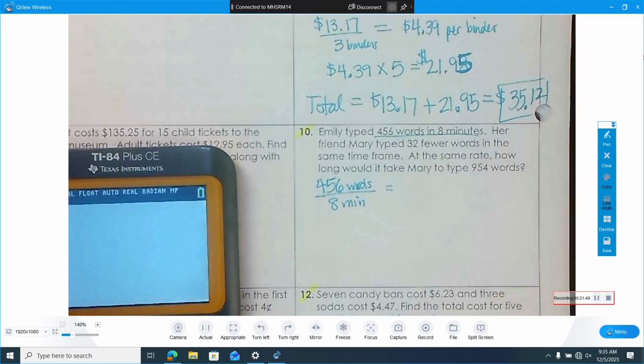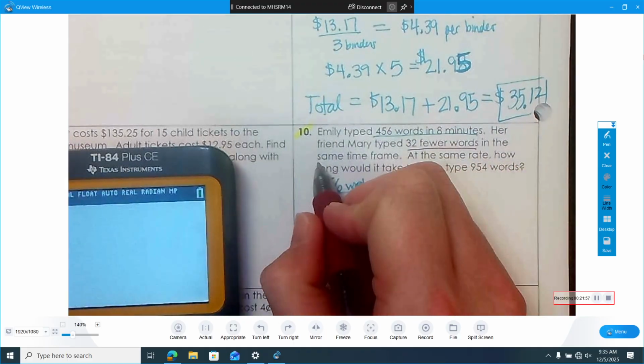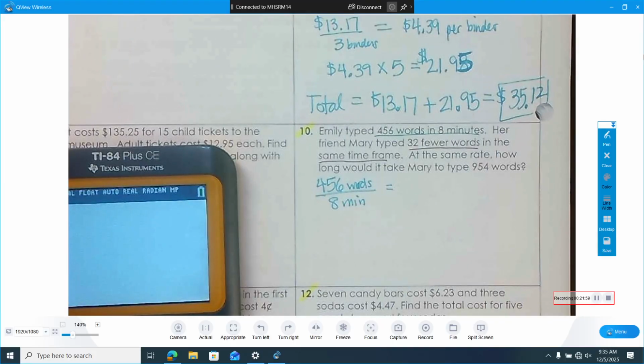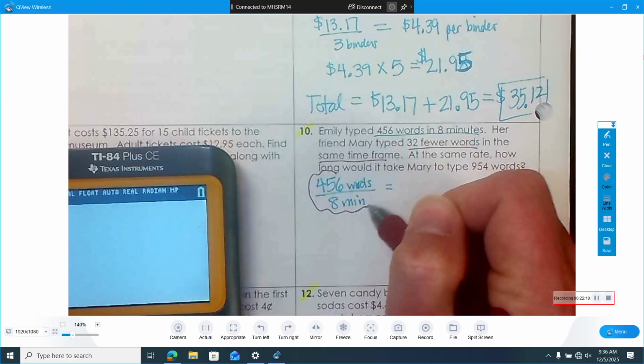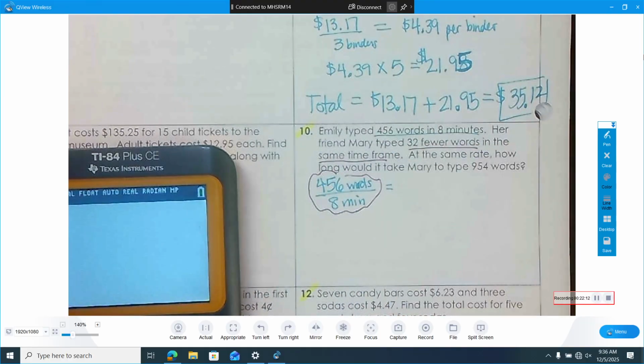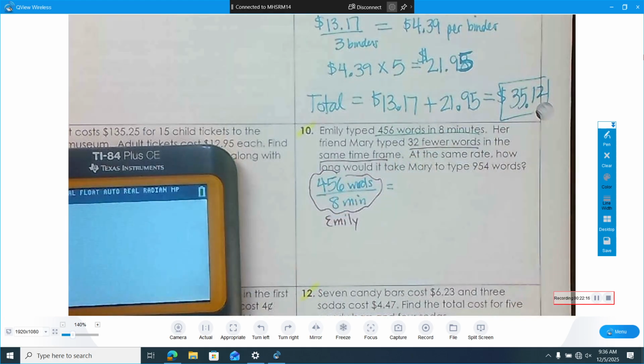Her friend Mary typed 32 fewer words in the same time frame. What does that mean? Is this fraction representing Emily or Mary? Yeah, this is Emily's fraction.